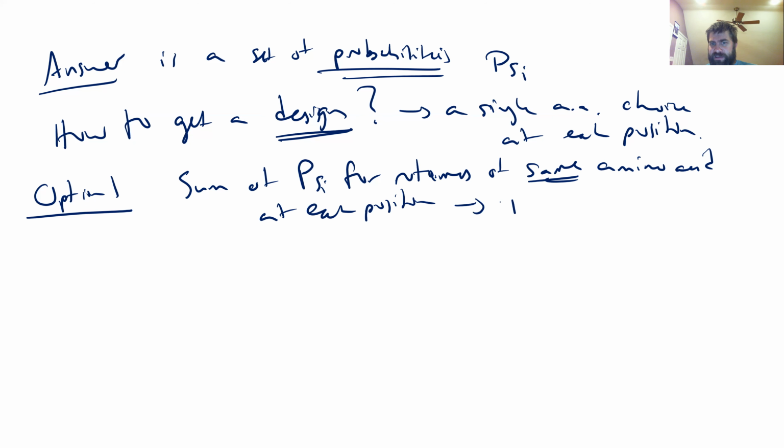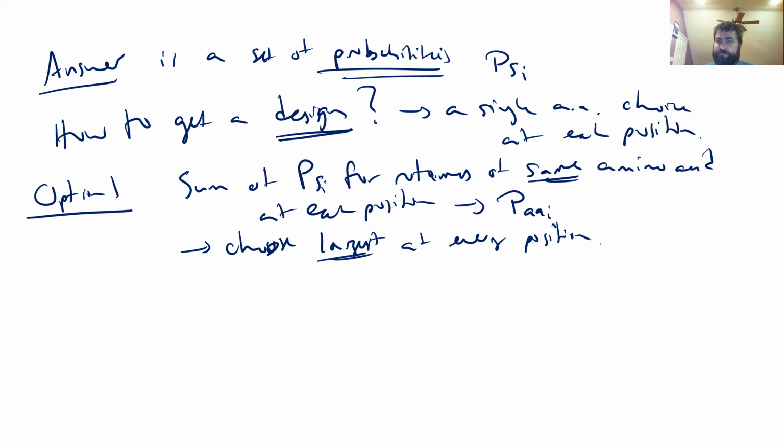And this will give us some P(amino acid i), the probability of having a particular amino acid as our choice at each position. And then we simply choose the largest at every position.